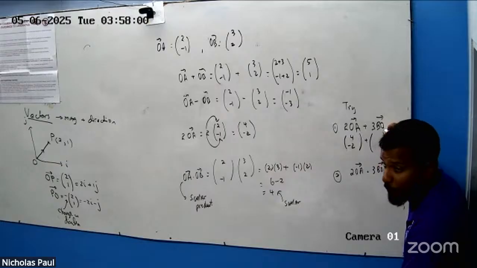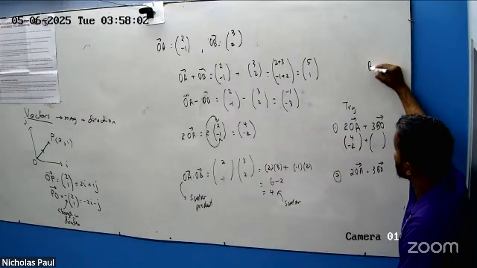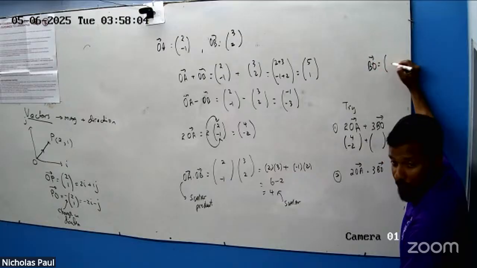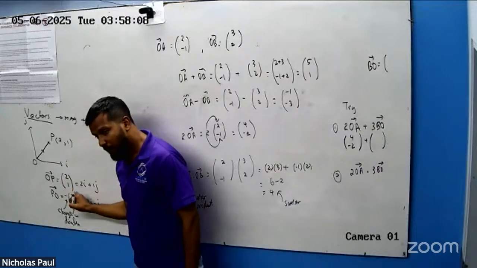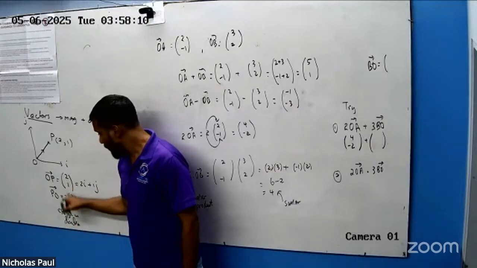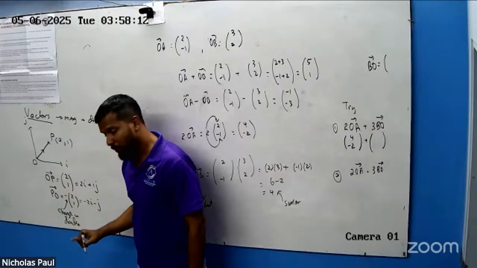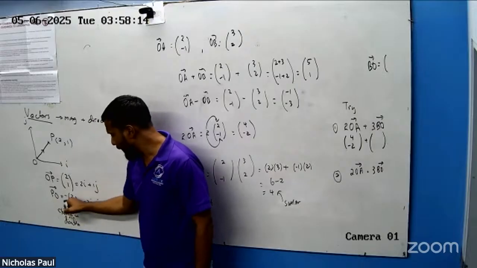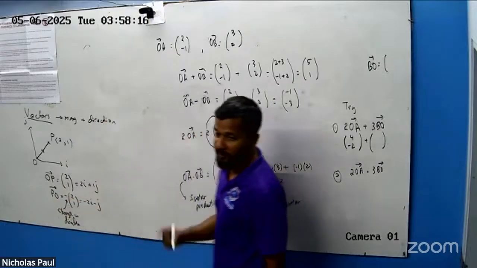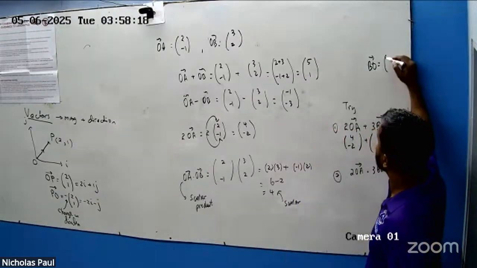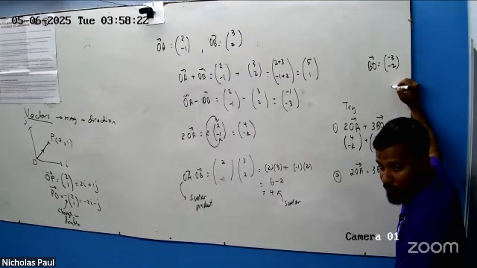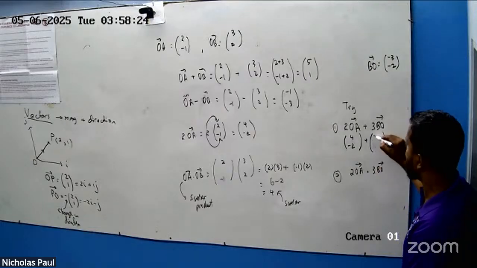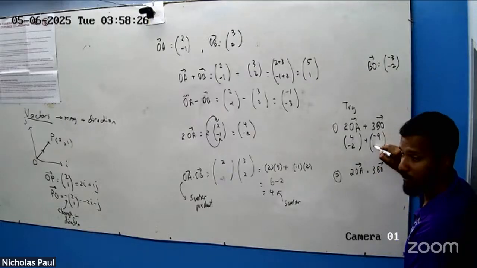No, that's OB. What is BO? OP was 2, 1. PO has a negative sign, so multiplying both of them by -1. So BO will be -3, -2. So it will be -9 and -4.